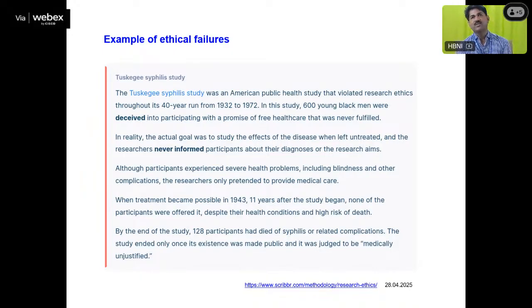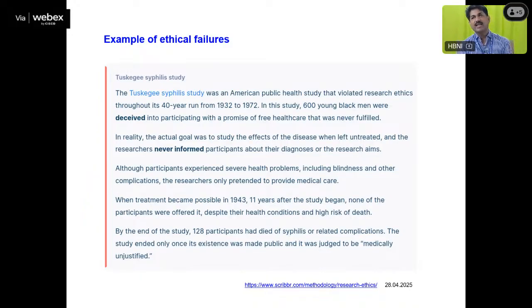They did not disclose the aim of the research, and just applied it to a group of poor people who did not know the actual situation. Although participants experienced severe health problems, including blindness and other complications, the researchers only pretended to provide medical care.